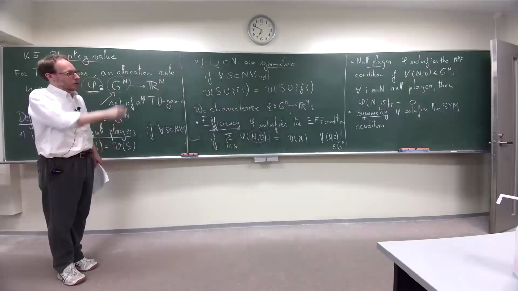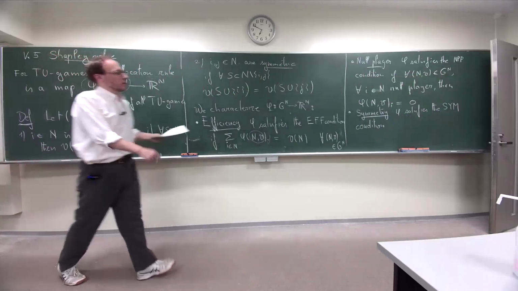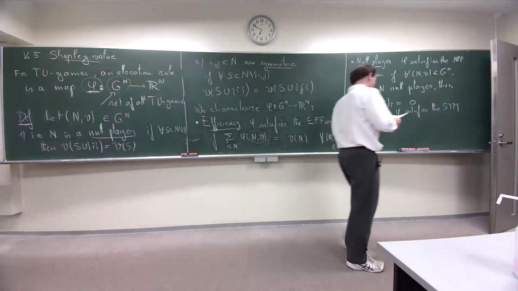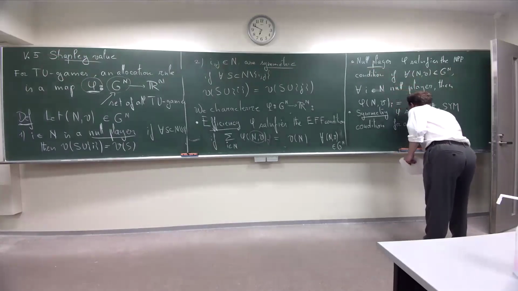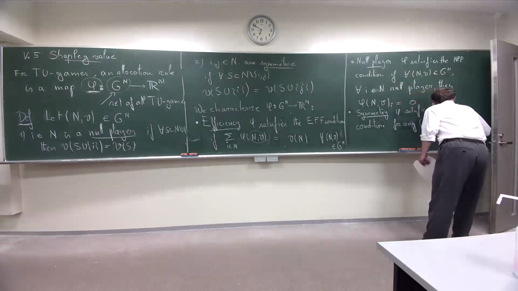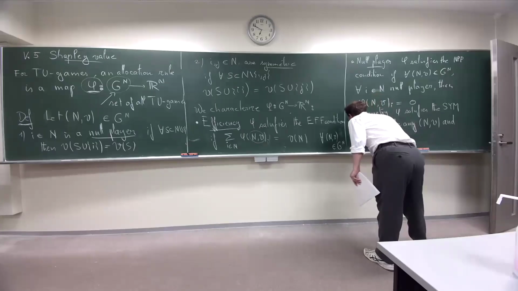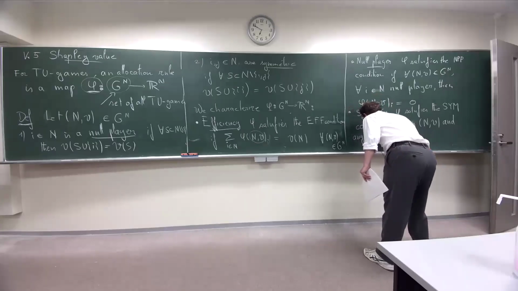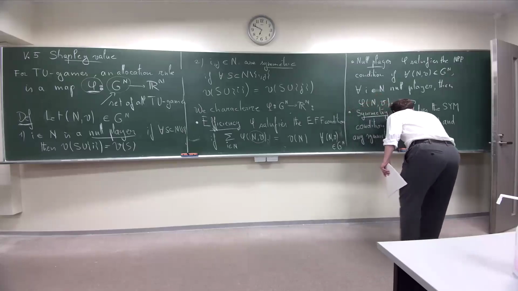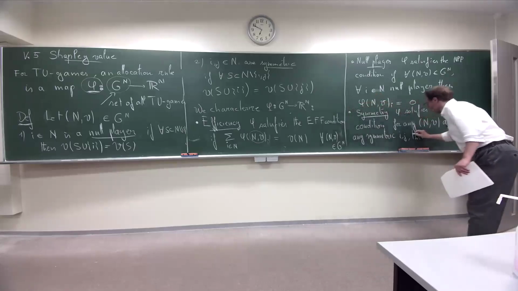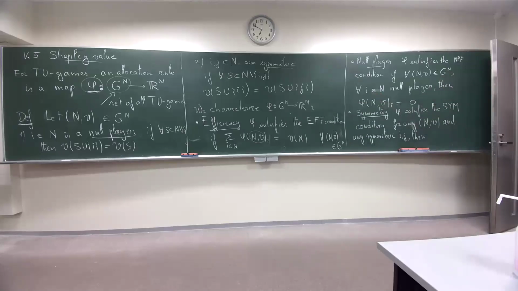So if we want to respect this symmetry, phi should satisfy that for any game (N,v) and any symmetric i, j, what the player i will get should be the same as what the player j will get.